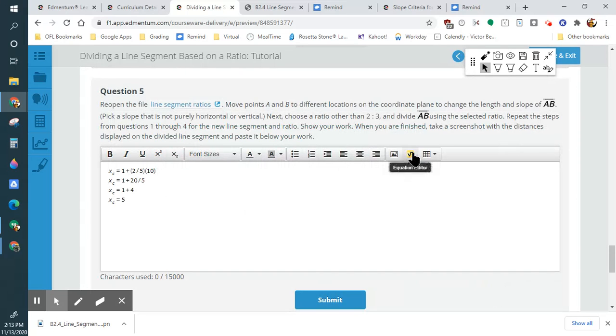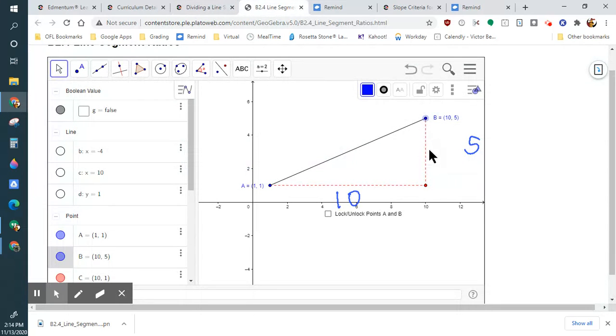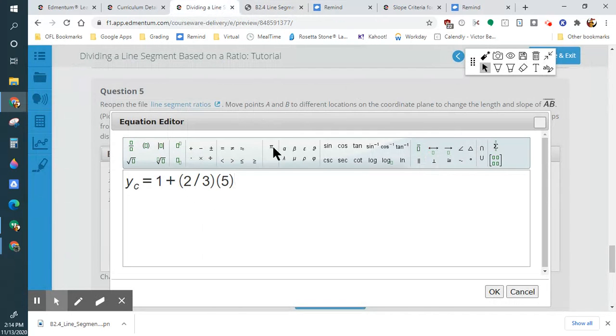Next, we're going to use the next formula, except this time, like I said, it's going to be easier. So y sub c, our y1 is still 1, plus our 2/3, that's still the same, times, this time it's 5. So this part right here is 5, so that's why I'm putting in the 5.